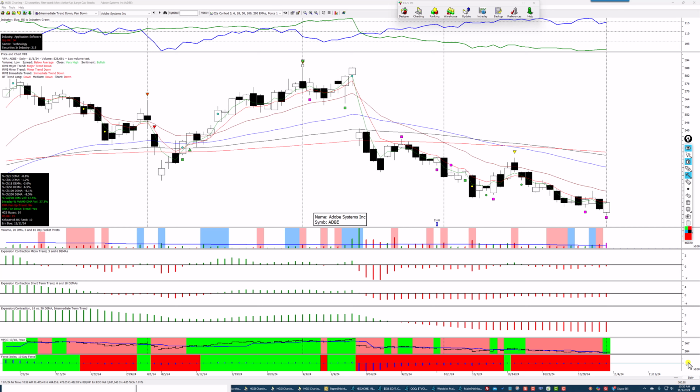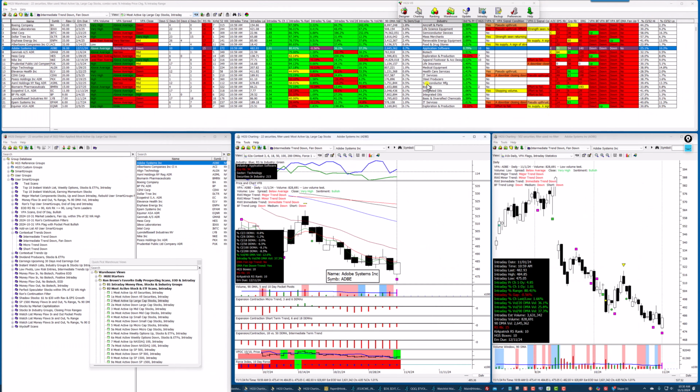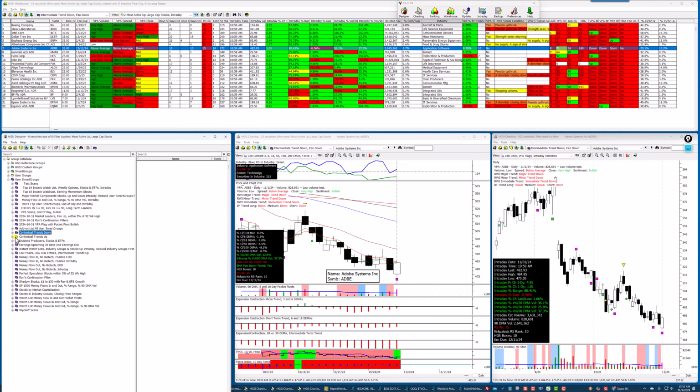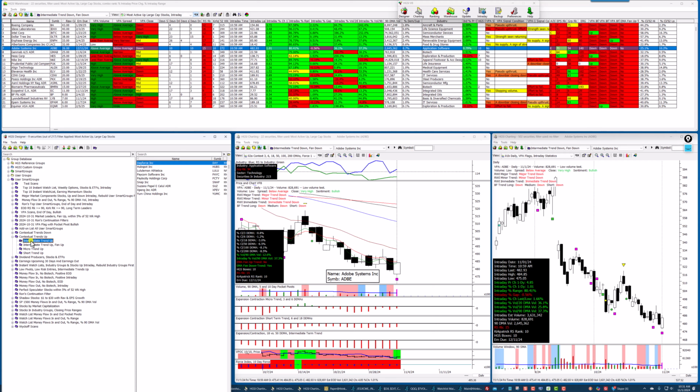Okay, so these are how I am continuing to experiment with these contextual trends down and up, because I can tell immediately just by going to the correct folder the type of stocks I'm prospecting for. So on the intermediate term trend fan up, and I remember I'm in most active large cap stocks, I can go to any category.